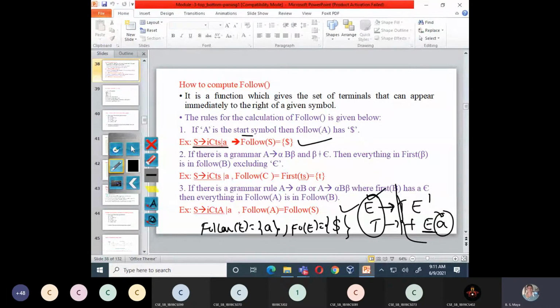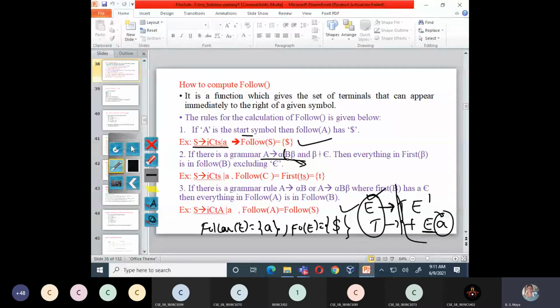The second rule of the follow set: if there is a grammar A derives alpha B beta, and beta is not epsilon, meaning it is not a null character, then what is the follow of B?